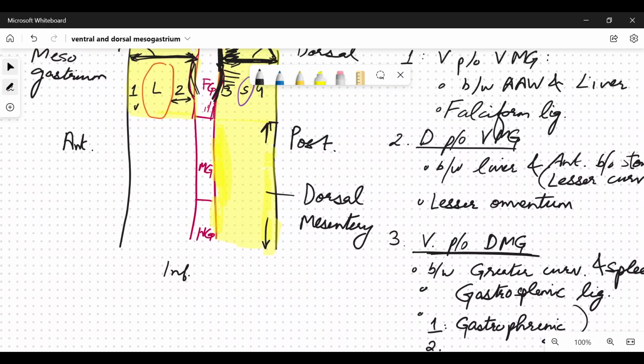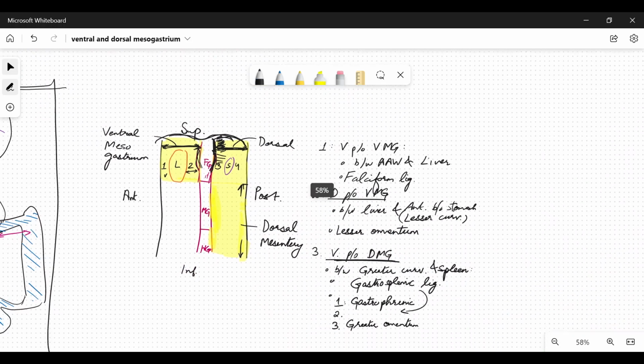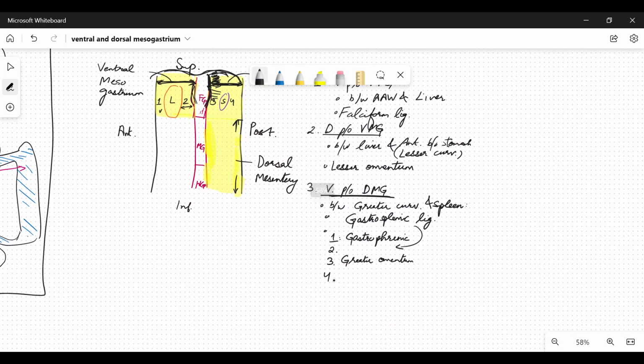And finally, this number 4 structure, that is the dorsal part of the dorsal mesogastrium, stretches between what? Between the spleen and the posterior abdominal wall.